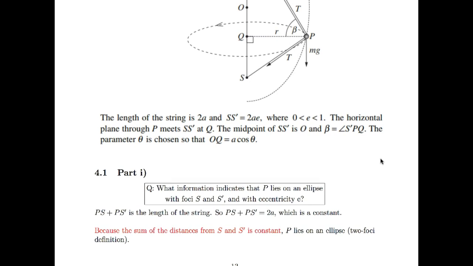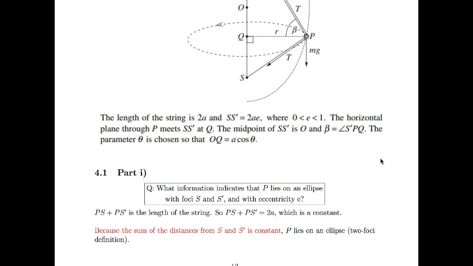So part I asks a theoretical question, which is a reminder to you guys to basically know the theory behind your stuff. Know your theorems, know your formulas, and know your methods and whatnot. What information indicates that P lies on an ellipse with foci S and S dash with eccentricity E?